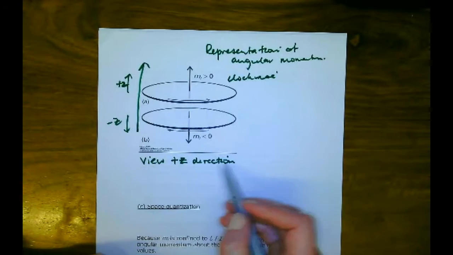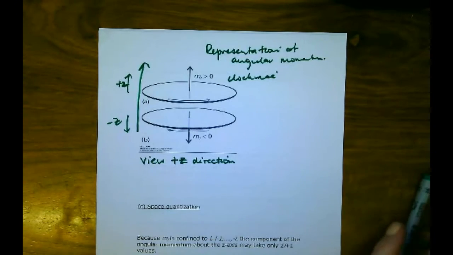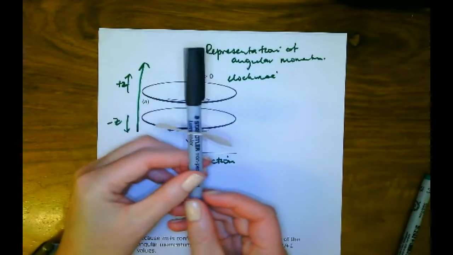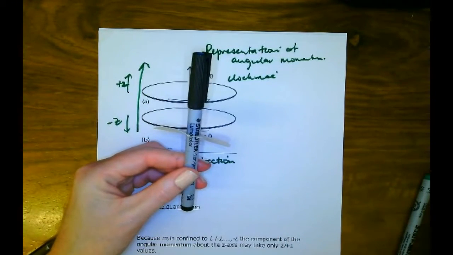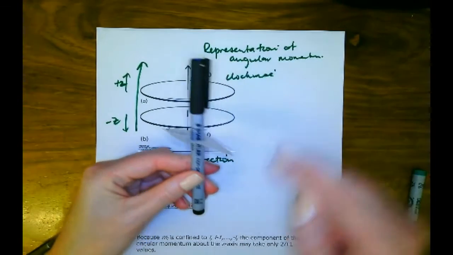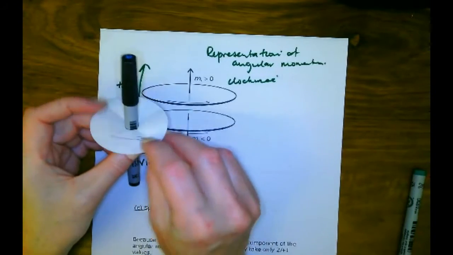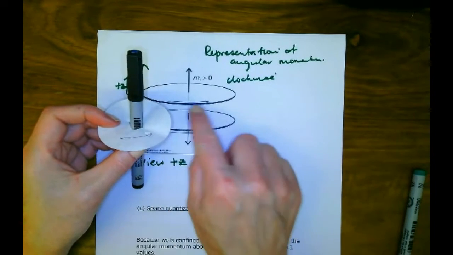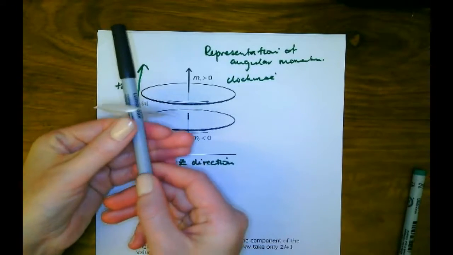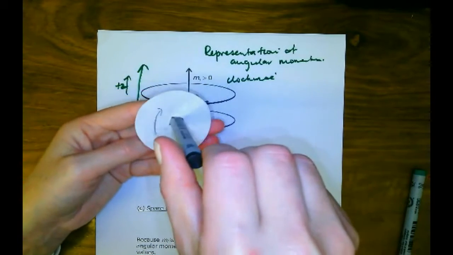Now you need to specify this, otherwise there are two possibilities for the direction. So if I were to illustrate it with a simple model, I just have a piece of filter paper and a pen, and let's say the tip of the pen is the positive z direction, and this is negative z. So if I were to hold it like this, this arrow indicates the direction of rotation. So rotation happens in this direction. This would then be clockwise if I view it along positive z.